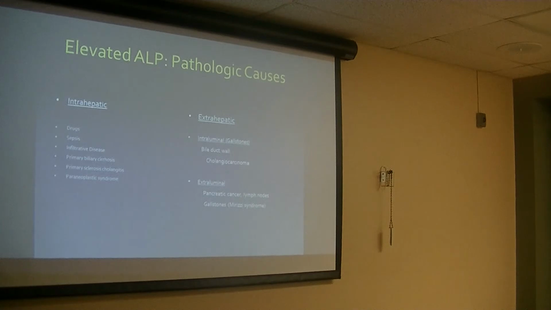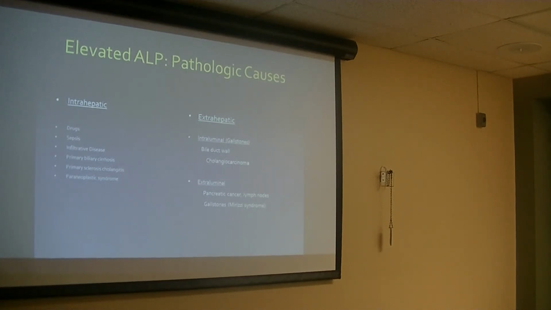Extrahepatic is something most people are familiar with. Gallstones within the lumen of the bile duct, the common bile duct. And outside the bile duct, compression from cholangiocarcinoma, which is a bile duct carcinoma.